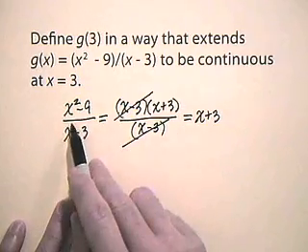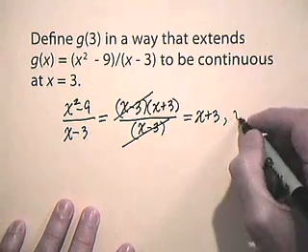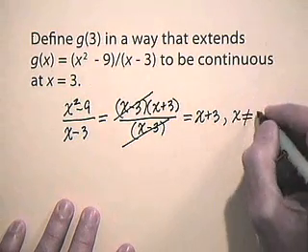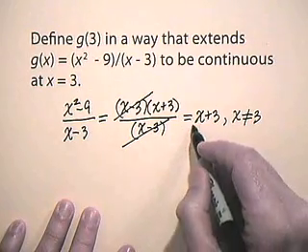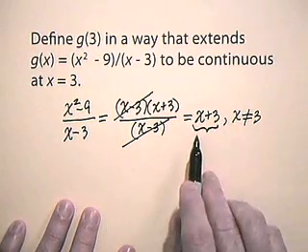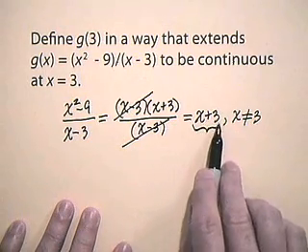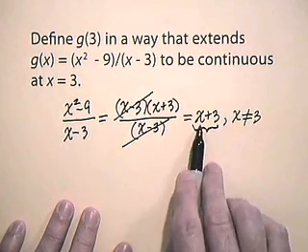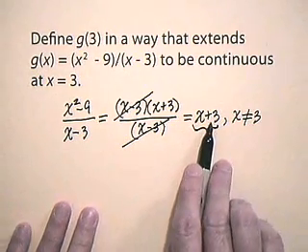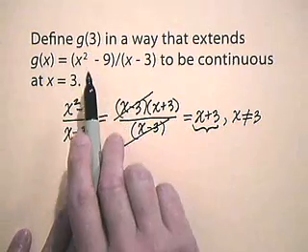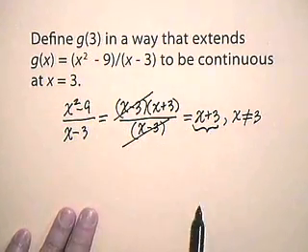Now notice, this equation is true for all x not equal to 3. On the other hand, this expression right here is a continuous function on the whole real line. It makes sense for every real number. And so consequently, in effect, this expression is giving us an extension of the function which includes the number 3 in its domain.